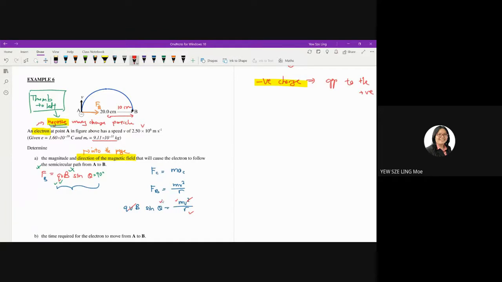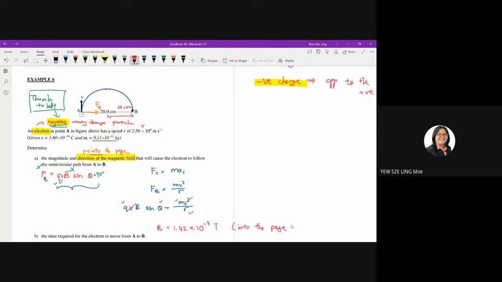Angle, yes, I have it because my V is going up and my B is into the page, so they are 90 degree between V and B. And then I have Q because it's the elementary charge. Plug in the value and rearrange, you should obtain B equals 1.42 times 10 to the power of -4 Tesla, and it is into the page.